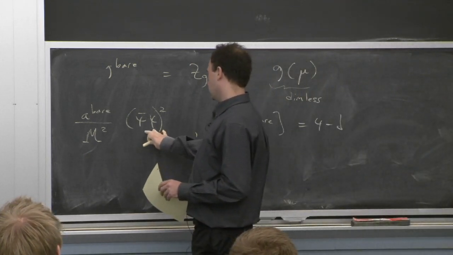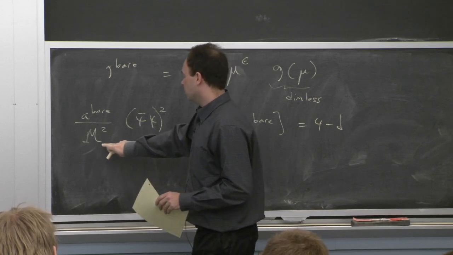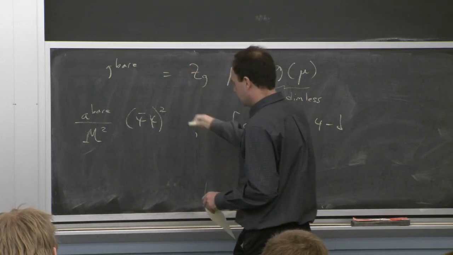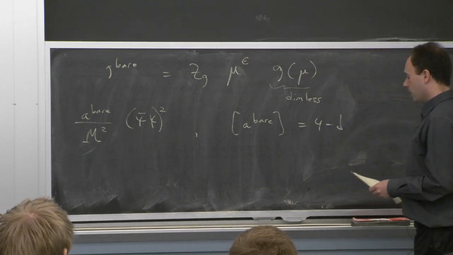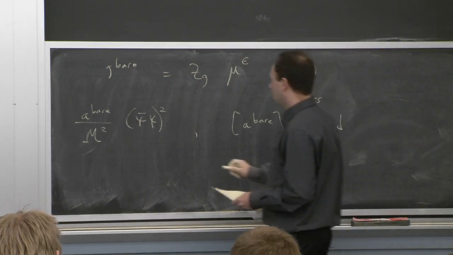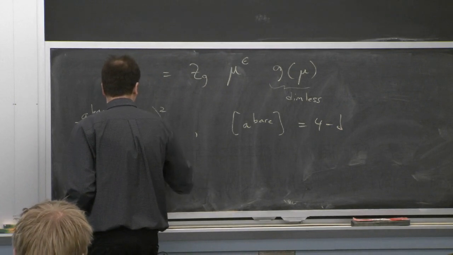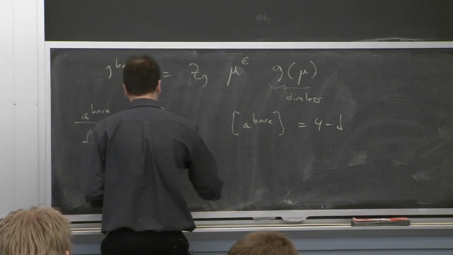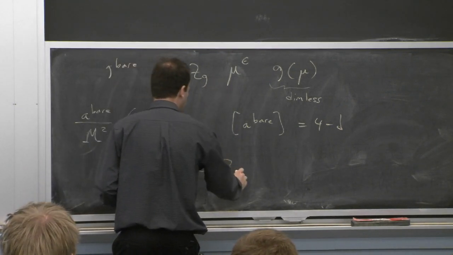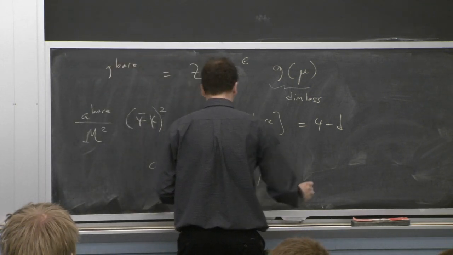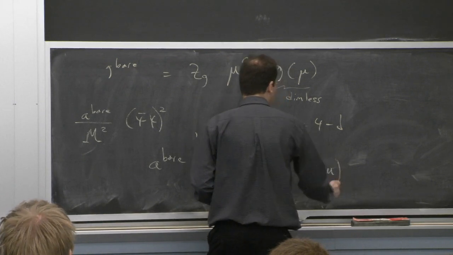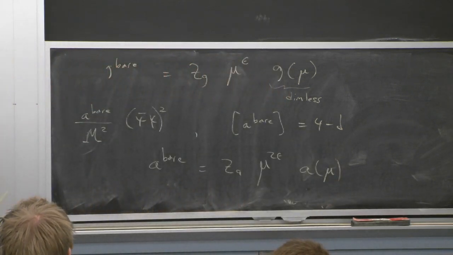We know that this is dimension -2. The whole thing has to add up to d, so that tells us what the A bare is. And we get 4 minus d in this case. And so then we can write down a formula analogous to that one, but for the A coefficient. And it's mu to the 2 epsilon. OK? So it's as simple as that.